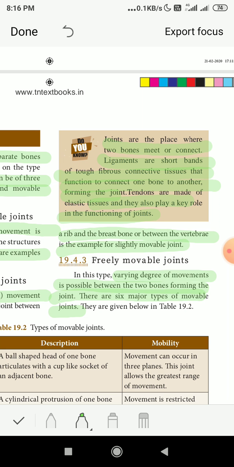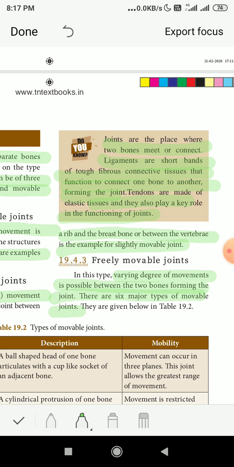Ligaments and tendons are tissues, but one is elastic, which gives elasticity, and the ligaments are fibrous connective tissue which connects the bones.